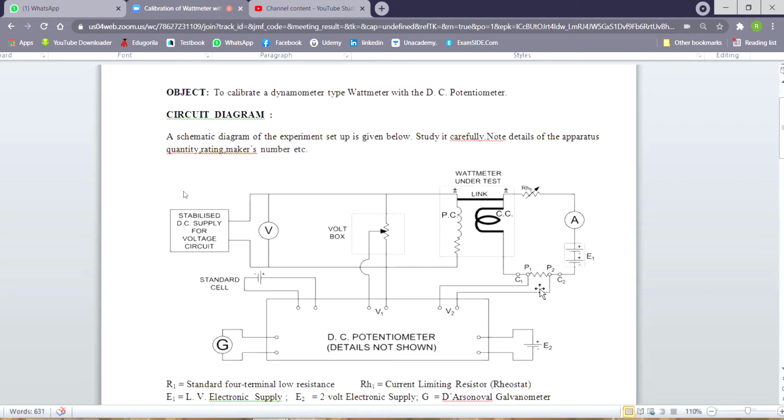But here we don't go to the direct loading arrangement. You already have studied in your measurement class that there is a phantom loading arrangement. Phantom loading means there is no load actually in the circuit. The current does not pass through any load. Wattmeter does not know whether there is any load in the circuit or not.